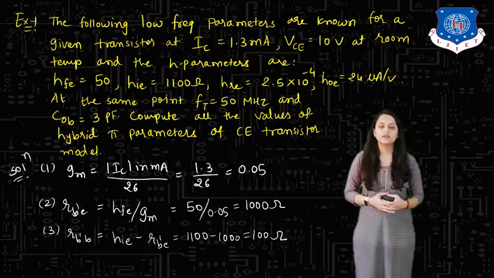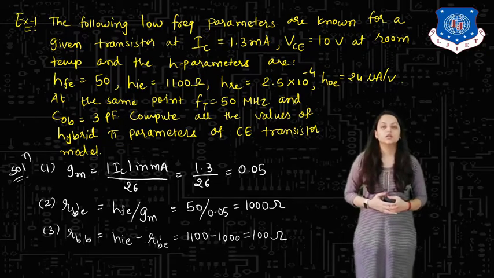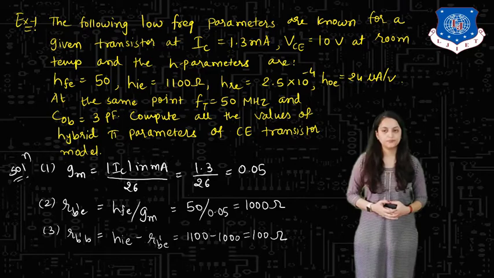Now let us consider one example using all the derived formulas. The data is given as follows: the following low frequency parameters are known for a given transistor at IC equals 1.3 milliampere, VCE equals 10 volts at room temperature, and the h parameters given are hfe equals 50, hie equals 1100 ohms, hre equals 2.5 into 10 raised to minus 4, hoe equals 24 microampere per volt.